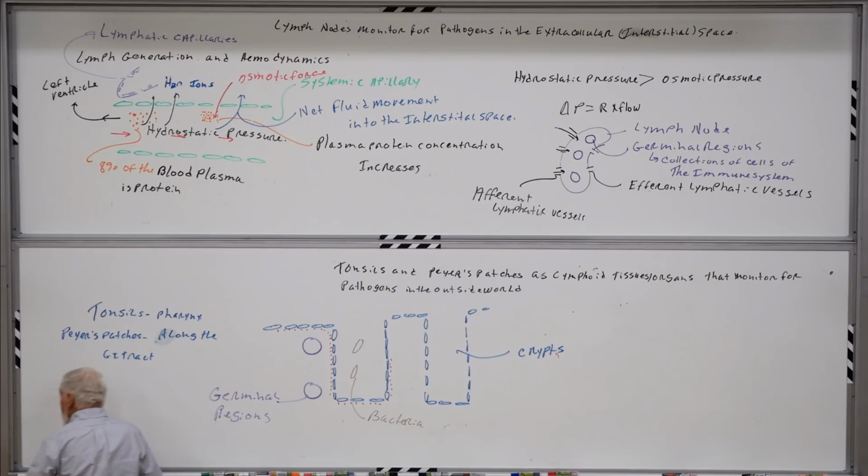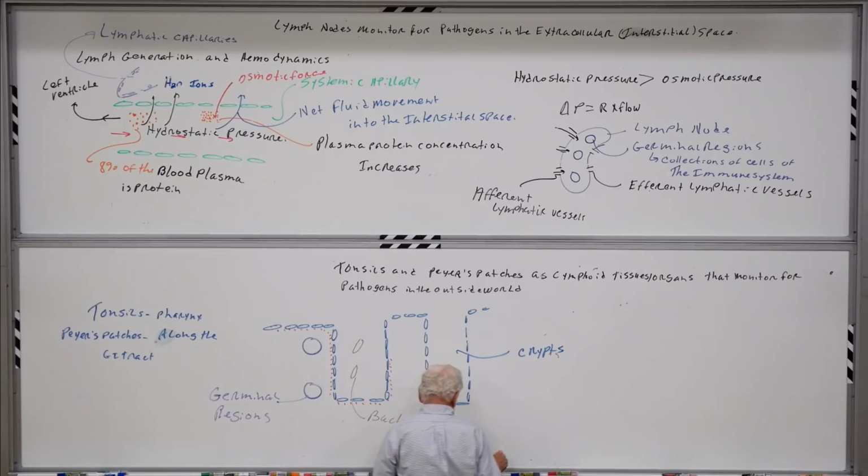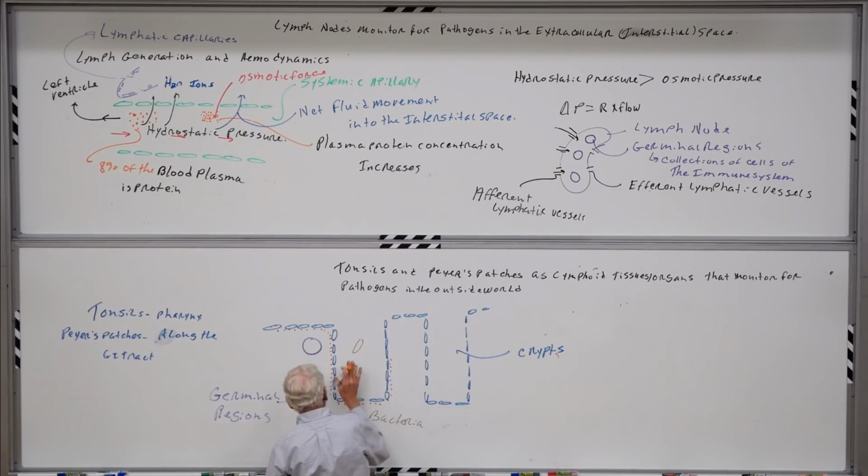So again, these are clusters of cells of the immune system. Then there's an additional cell type here, and I'm going to put this one in as orange. It's a modified epithelial cell. It has a name called an M cell.